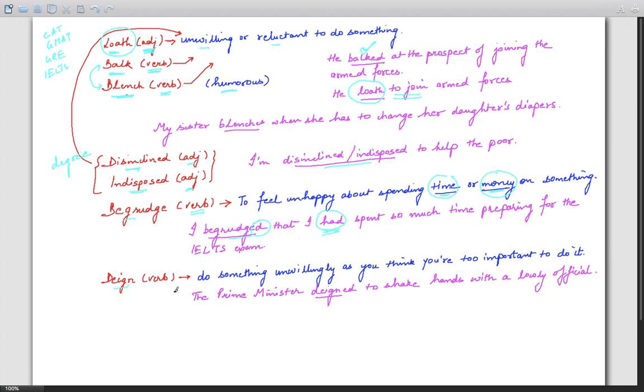You're not happy while doing it, but you have to do it, because you think you are too important to do that. For example, the Prime Minister deigned to shake hands with a lowly official. It means the Prime Minister was forced to shake hands with the lowly official, but he hated doing that. He did not want to do that, but he was forced to do it.